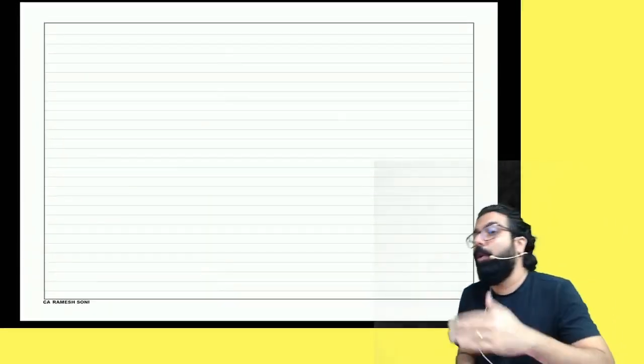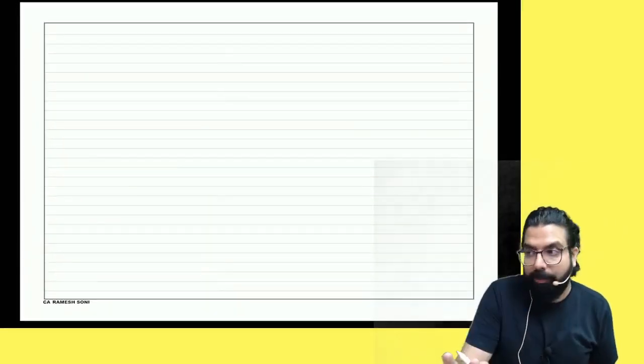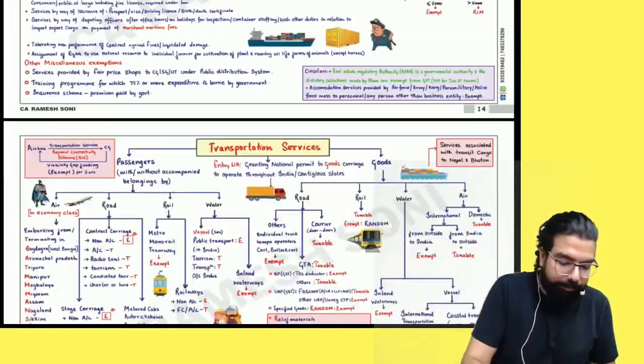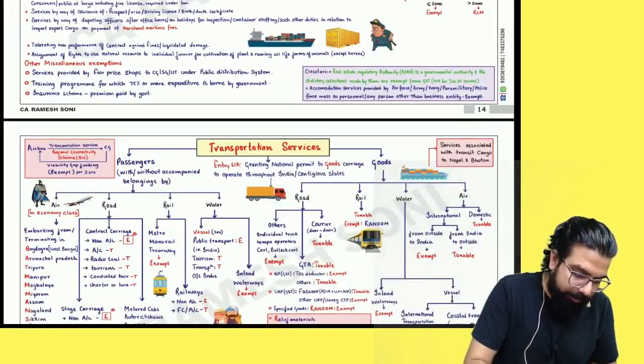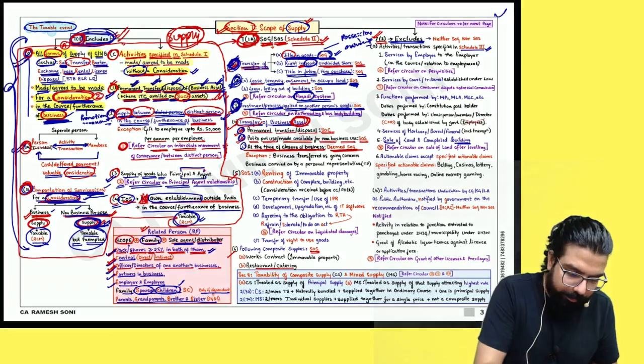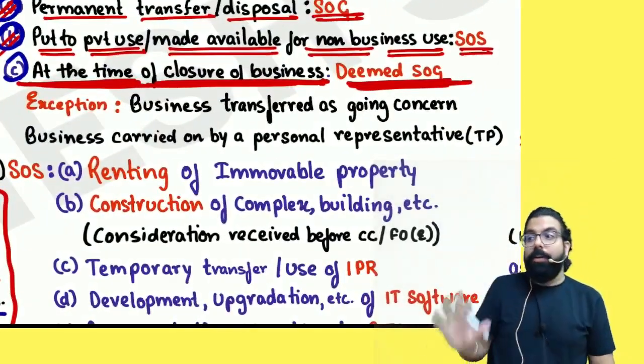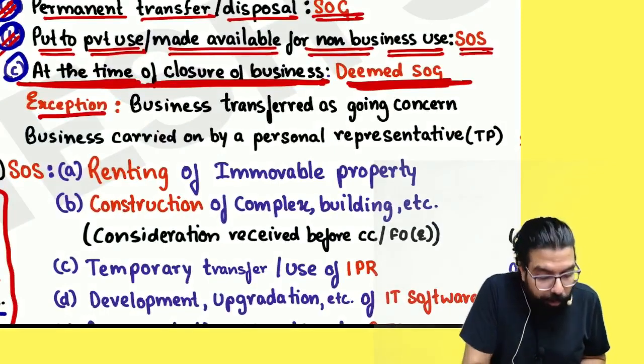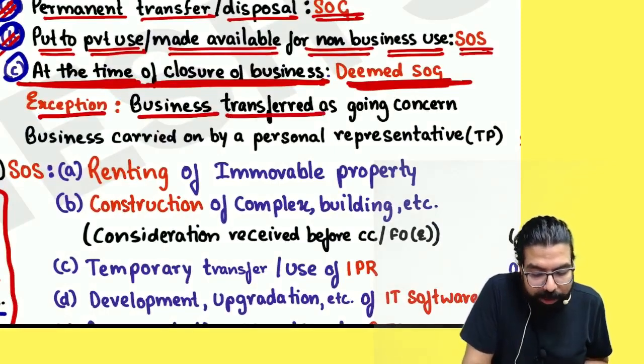Now, I gave one solution to the government. I told, sir, listen. Government, I will do one thing. I will not take all the assets home. Exception. The government told, do one thing. Business transferred as a going concern.